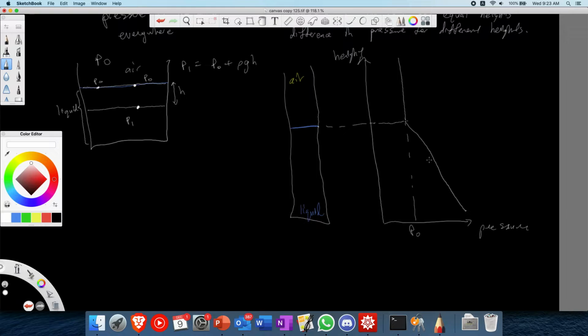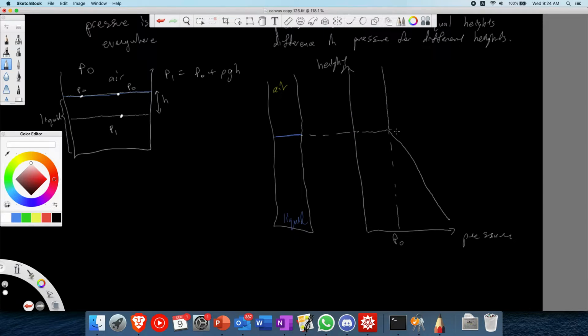So if you go lower, the pressure increases, which is why divers can only go to a certain depth before they die due to the high pressure, because it's rho gh, and the density of water is not small. So the lower you go, the more pressure you experience. This is what the pressure-height graph looks like.